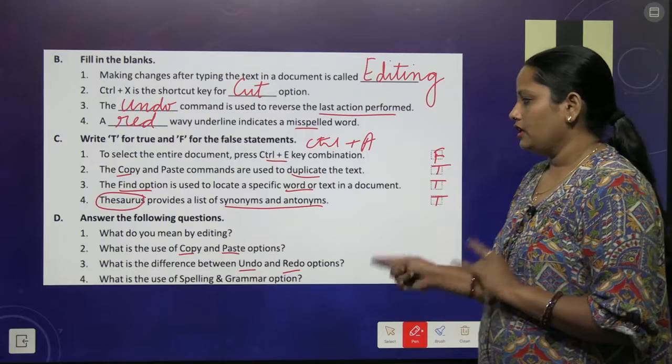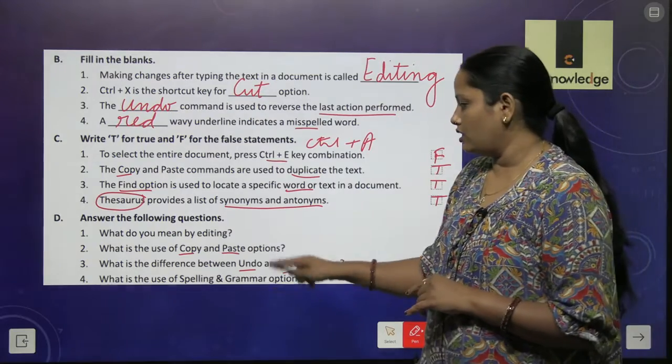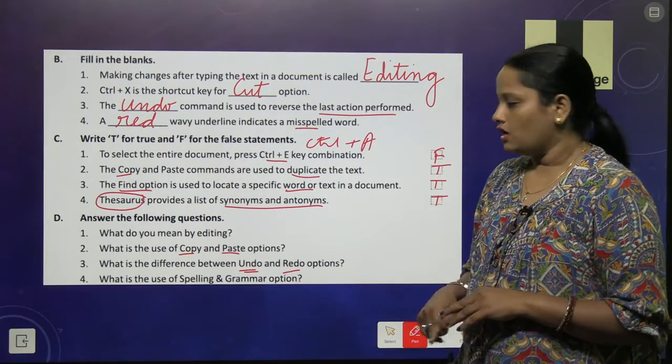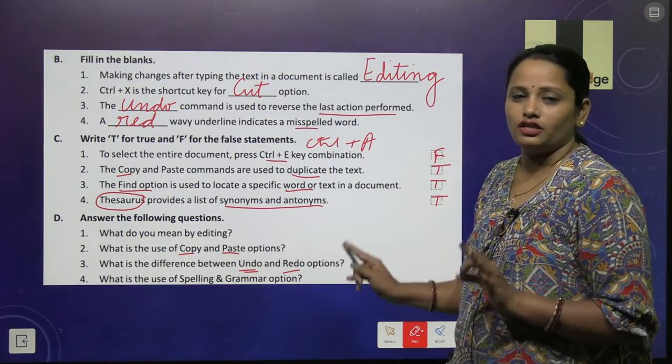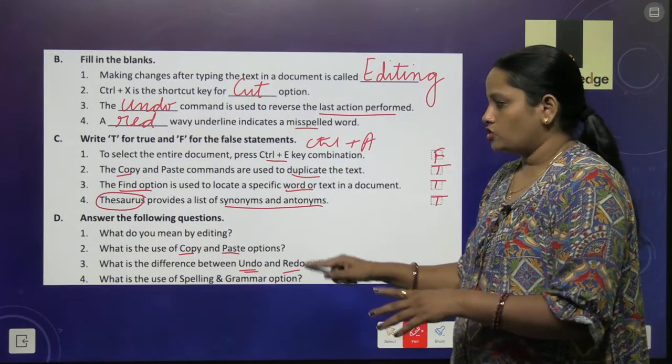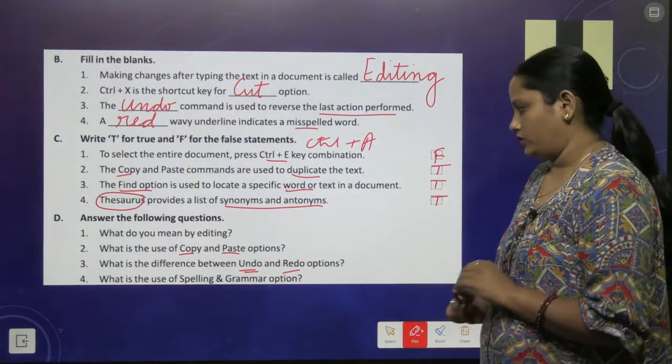And the redo command is used to reverse the action done by the undo command. So this is the difference between these two.